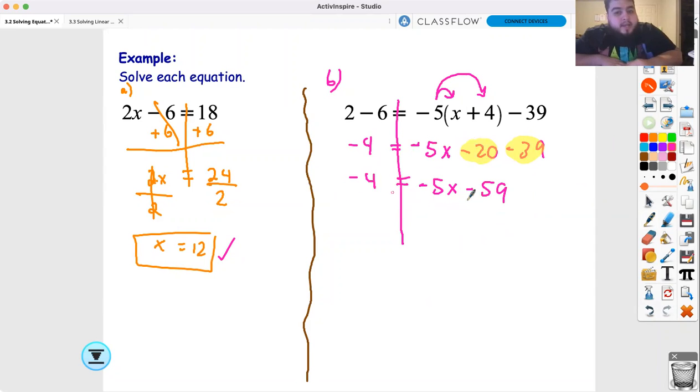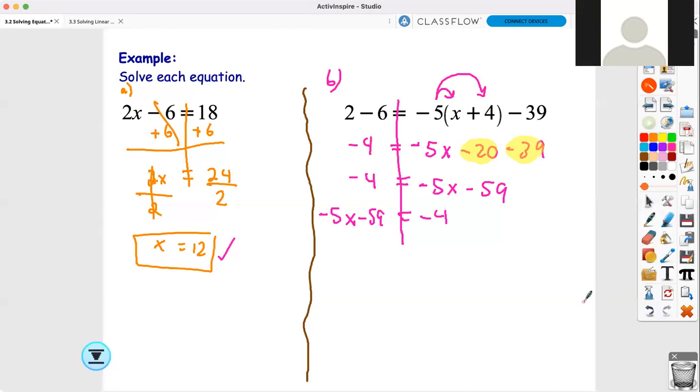Now, if you're okay solving it like this with x on the right, perfect. If you want to flip it and move the x over here, you can flip that too. You just have to make sure you're comfortable with it. Now remember, our objective is to get x alone. So what am I going to move over first, with where the x is at, the -5 or the -59?